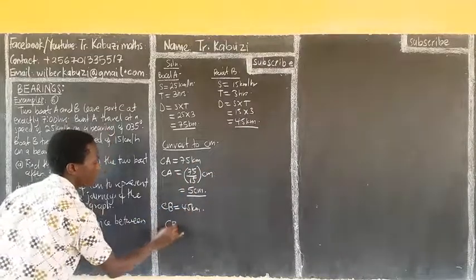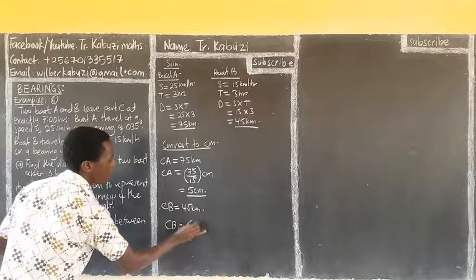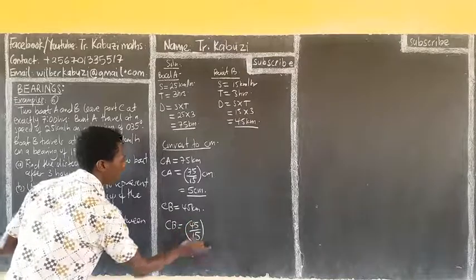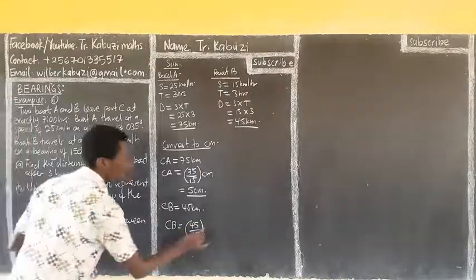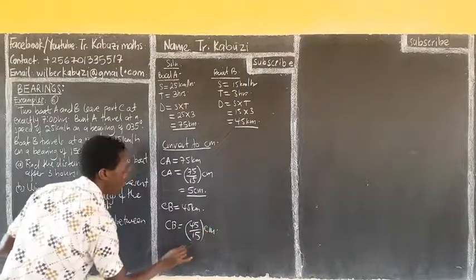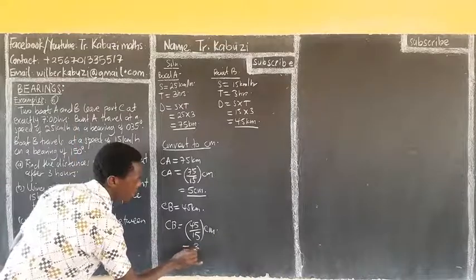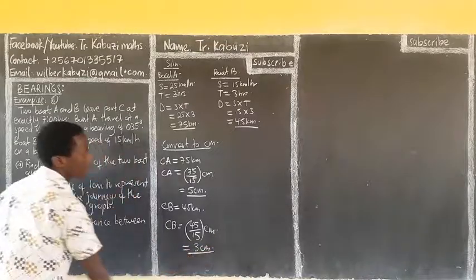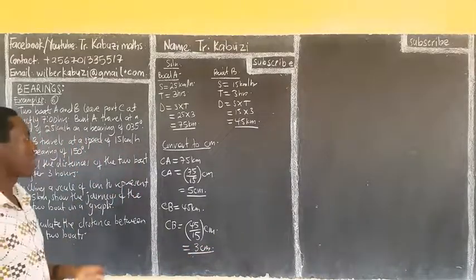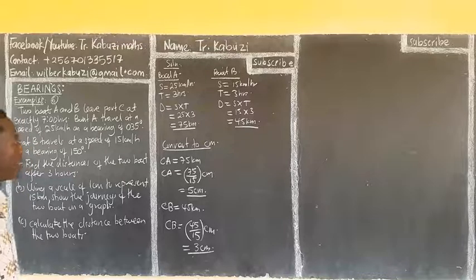So my CB in centimeters is going to be 45 divided by the scale, which is 15. This will be in centimeters, and this will give you 3 centimeters.